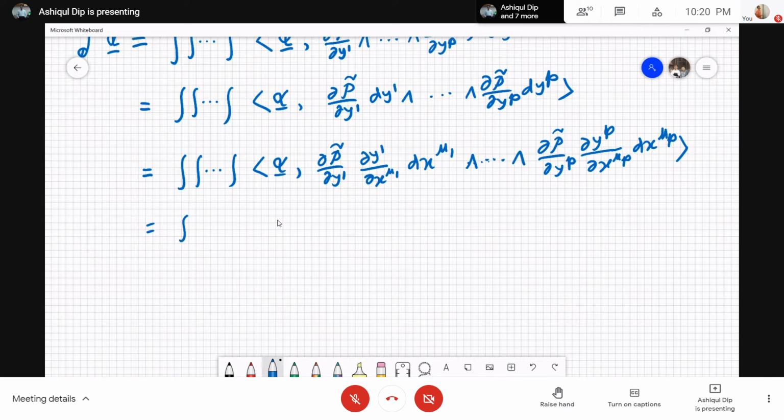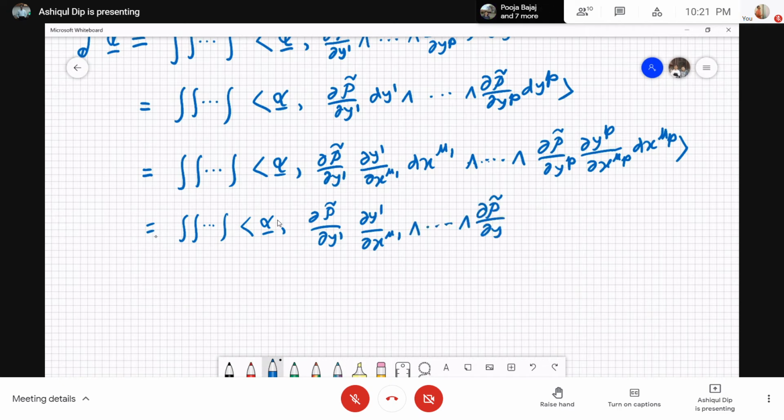So this gives you delta p tilde by delta y1, delta y1 by delta x mu1, wedge up to delta p tilde by delta yp, delta yp by delta x mu p, wedge, and then dx1 up to dx mu p, right?